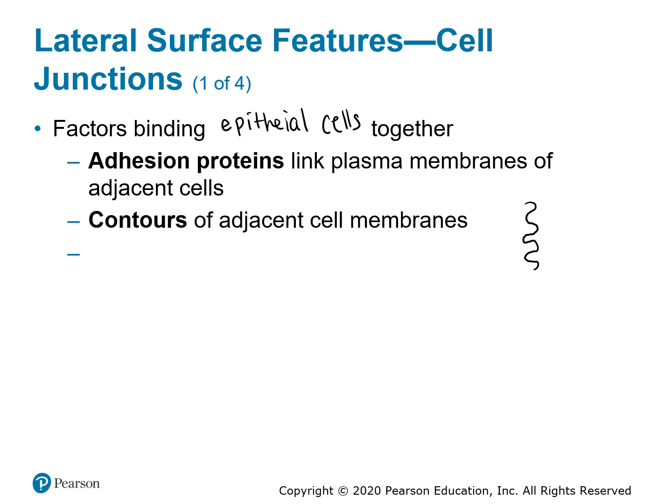So if one side has a kind of wiggly guy, the other side will also have that kind of wiggly guy so they can fit in like a key and hang out together, okay? And then the last bit, most important bit, are these special cell junctions. There are a few different types of special cell junctions, and we're going to talk about them in just a few minutes.